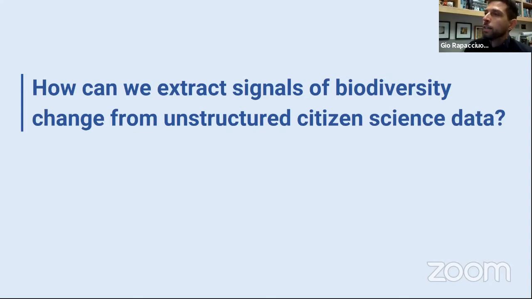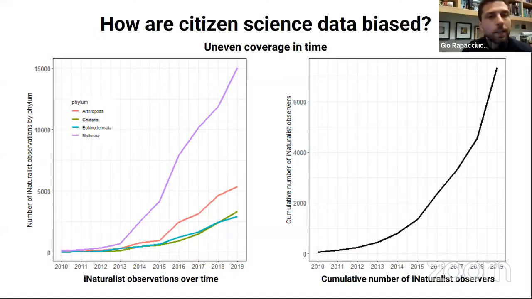But on the other hand, the lack of understanding of how those data were collected makes it challenging to analyze those data, and those data cannot be taken at face value. What exactly are the challenges that we're facing with those data? Well, there are 3 main types of biases that I want to talk about.